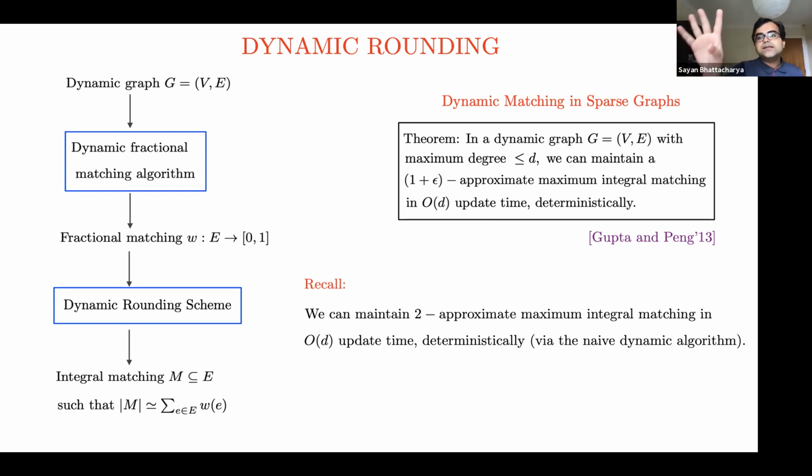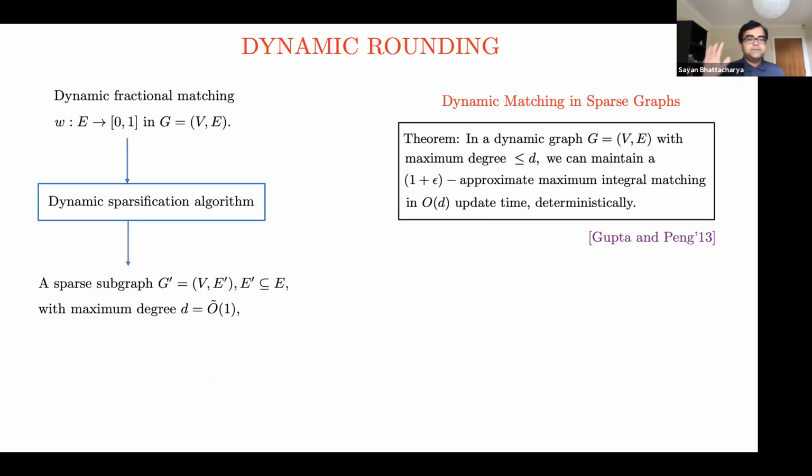Now, given this subroutine for maintaining dynamic matchings in sparse graphs, a dynamic rounding scheme basically consists of 2 steps. The first step is sparsification. The dynamic sparsification algorithm takes as input a dynamic fractional matching and outputs a sparse subgraph G prime. It's sparse because it has low maximum degree D, where D is polylogarithmic here.